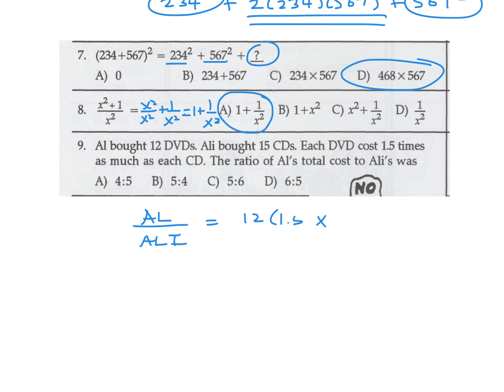So DVD would be 1.5X. And then for Ali, it's how many CDs? 15 CDs, and the cost I have designated as X. And that's the ratio. The X's cancel, and that just becomes, I think, 18 over 15. And in lowest terms, if you divide through by 3, it'd be 6 over 5. So 6 to 5 is the ratio, and for number 9, that would be D.